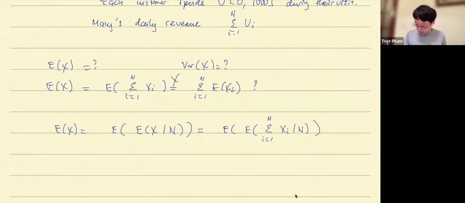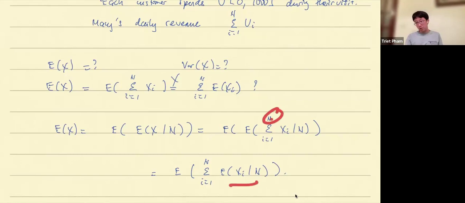So let us say that this is equal to the sum of expectations. Notice we're still conditioning. By fixing n, you can pass the expectation inside, but you're still stuck with the condition.